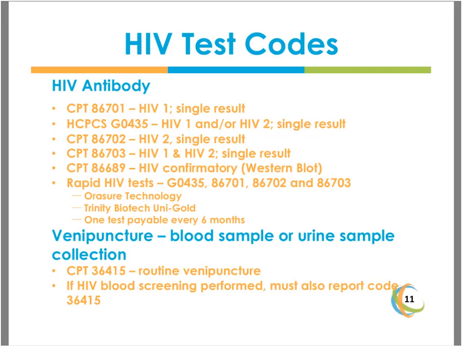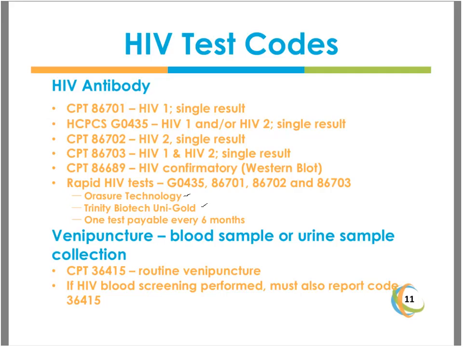The rapid HIV test codes are G0435, 86701, 86702, and 86703. And these codes are used for the two tests that are listed here by the manufacturers, OraSure Technology and Trinity Biotech Unigold.